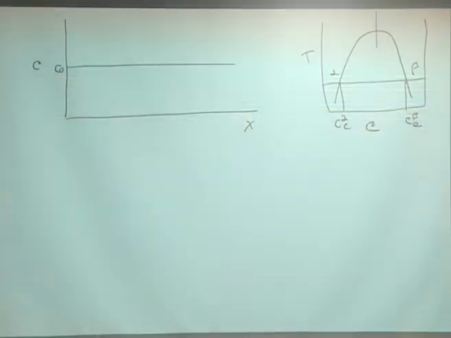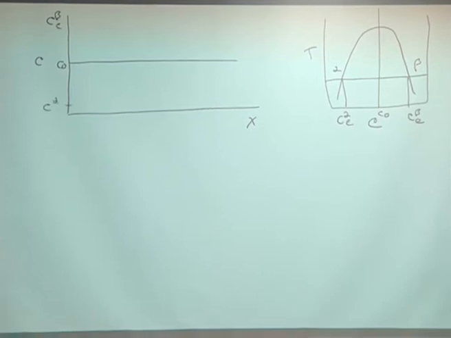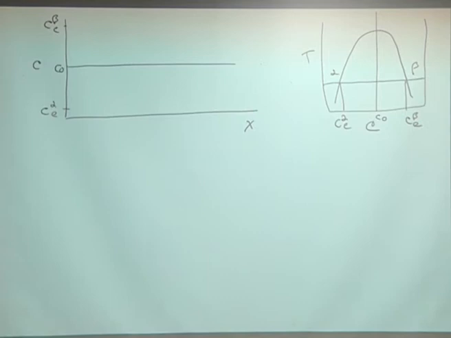So say we have a phase diagram that looks like that with the miscibility gap. We cool down through the critical point, let's say, and we have a certain alloy composition C0, and you have compositions C beta E and C alpha E, as a function of position, like this.